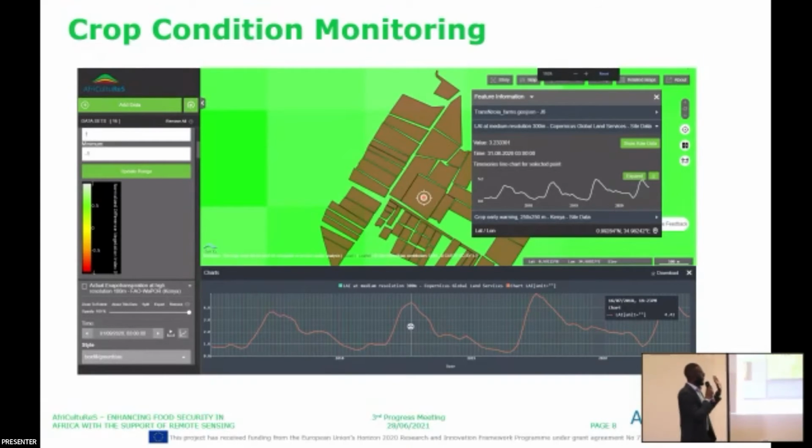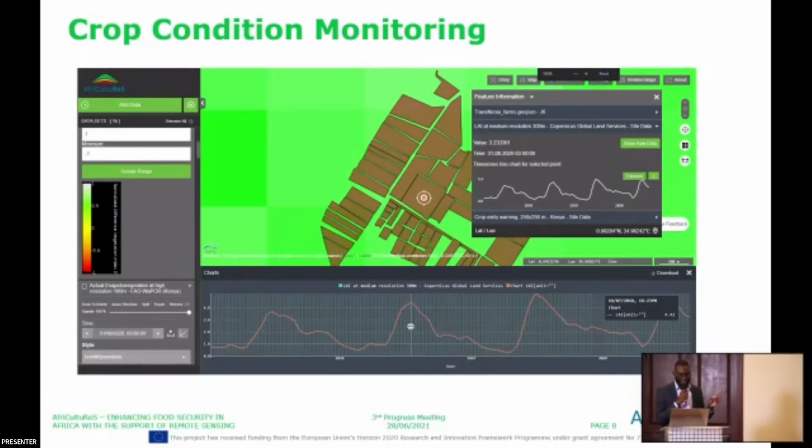So we can easily tell the start and the end of the season for this particular farm. For this one, it begins right around May, and it only has one cropping season in that year.